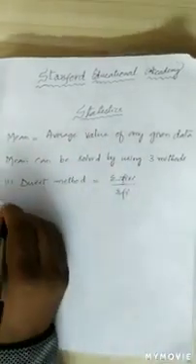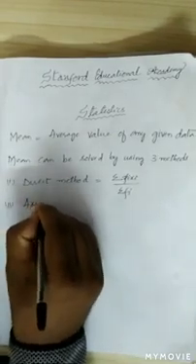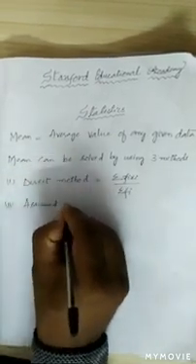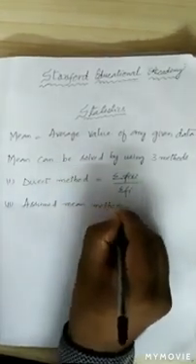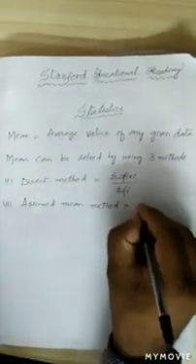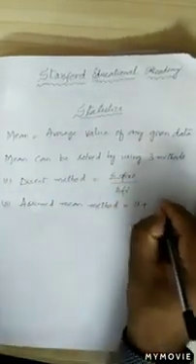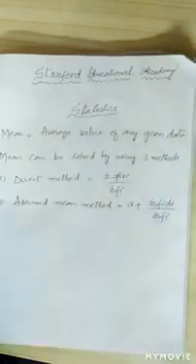The next method is the assumed mean method. The formula for this method is simple: a plus sigma fi di by sigma fi.